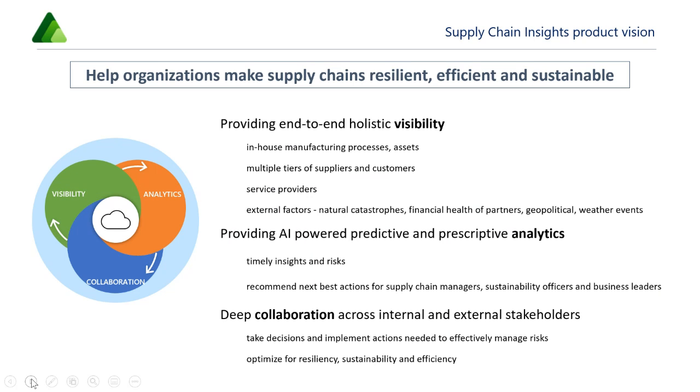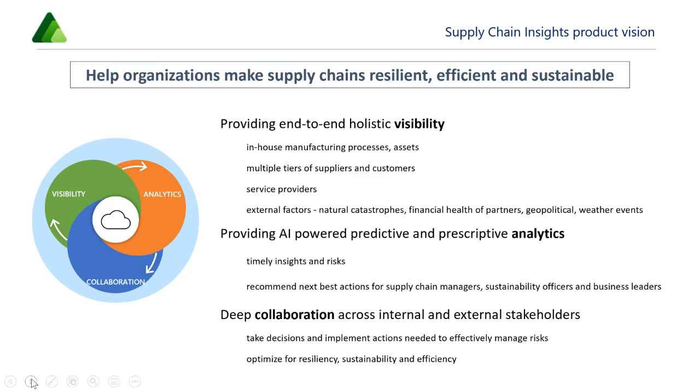Now, this product is really a type of flywheel. Our goal is that you first bring your data, we give you visibility into your supply chain, and we have external signals that can layer on top and give you that visibility. In addition, we provide you with some base analytics. And once we've provided you with that base analytics and AI models and those potential disruptions that could happen or are happening, then you're able to collaborate.